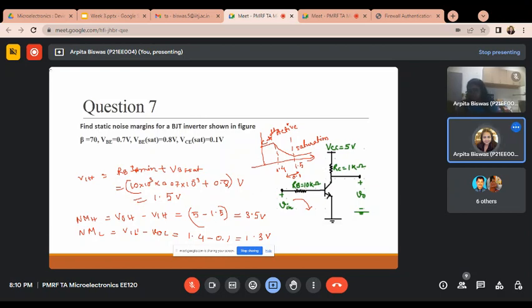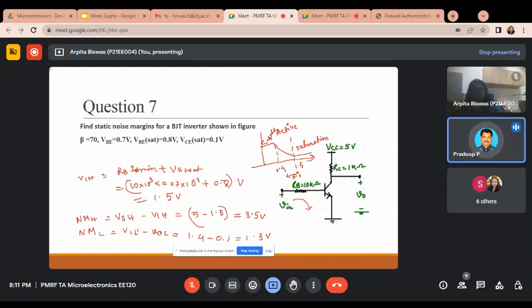Kavya, is it clear? Yes, ma'am. Okay. VIH and VOH values.